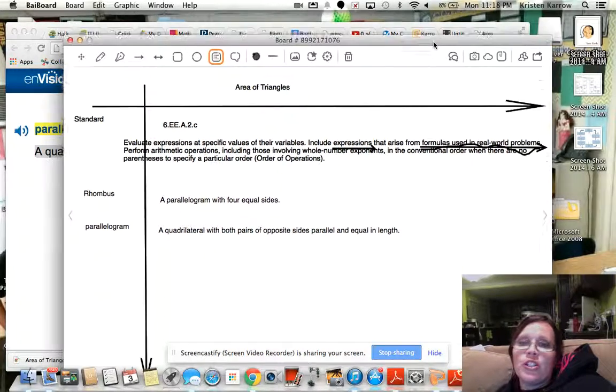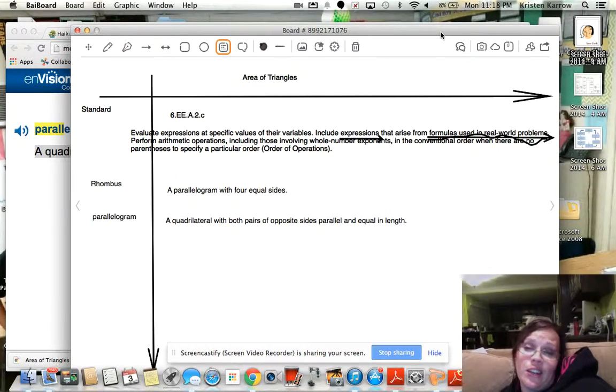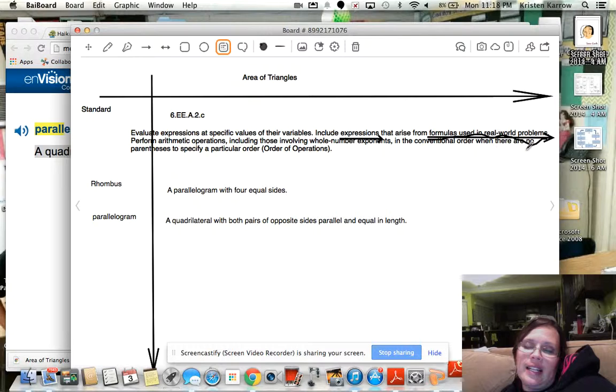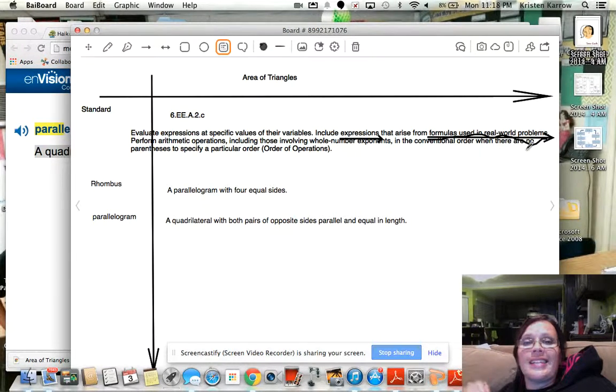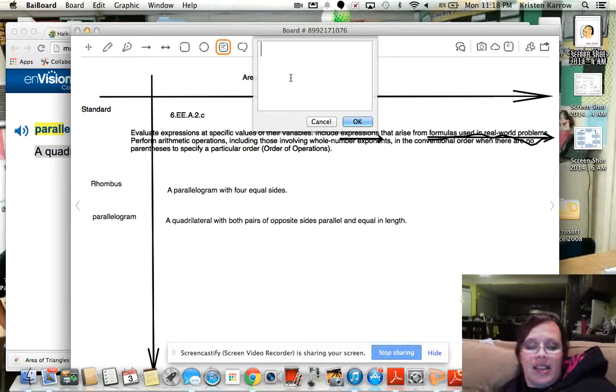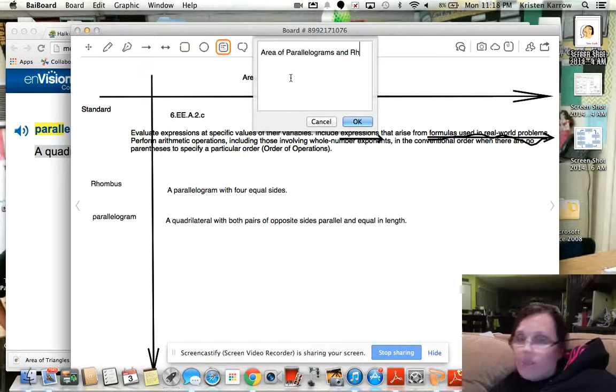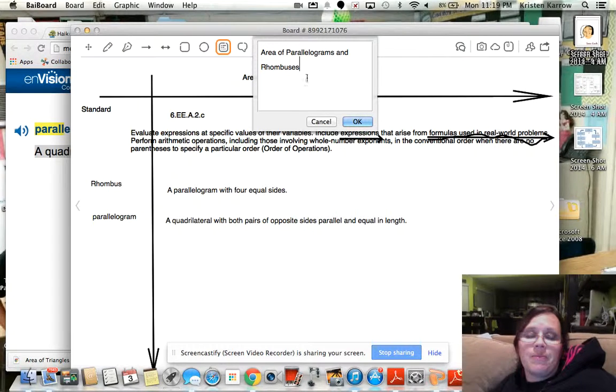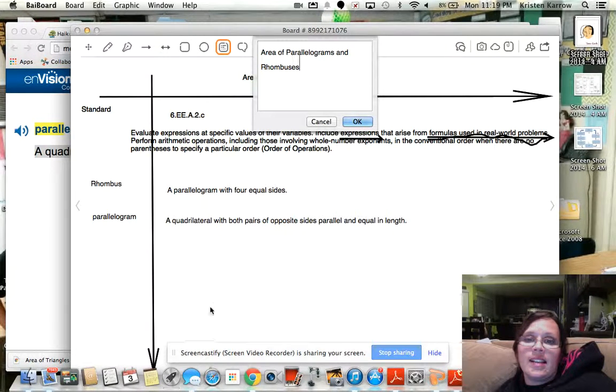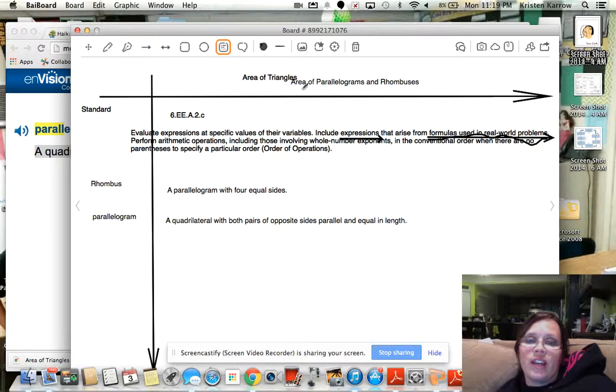And I'm going to use what I started yesterday, so you still see my squiggly line. I couldn't draw straight. But we are working on the exact same standard, but this time it is area of parallelograms and rhombuses instead of area of triangles.